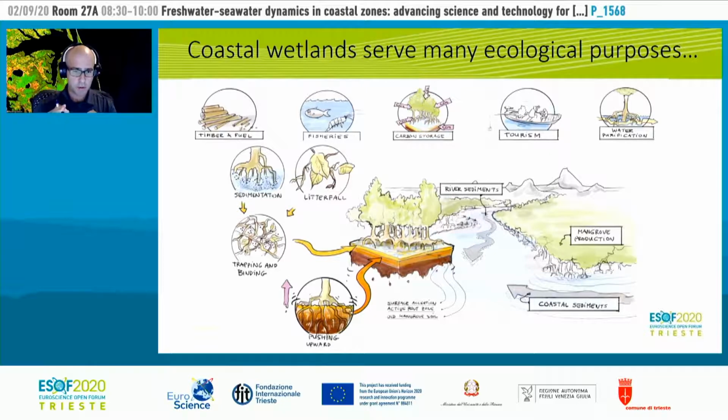These specific environments, mangroves and salt marshes, serve many ecological purposes, providing timber and fuel. They're a source of fisheries and tourism. They help to purify the water, extracting nutrients and contaminants from the water.